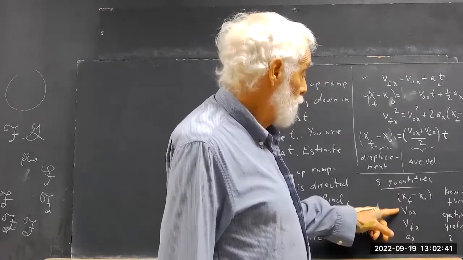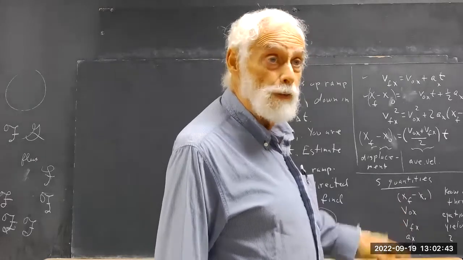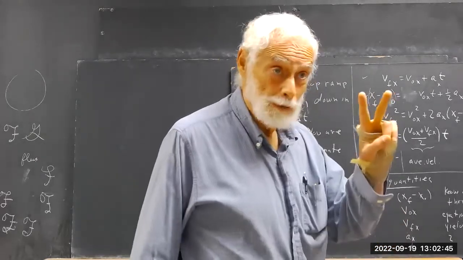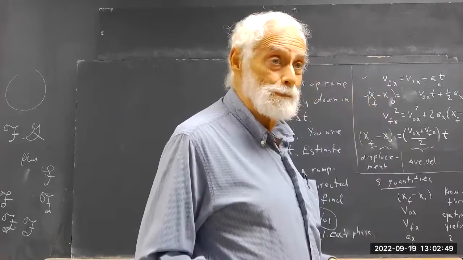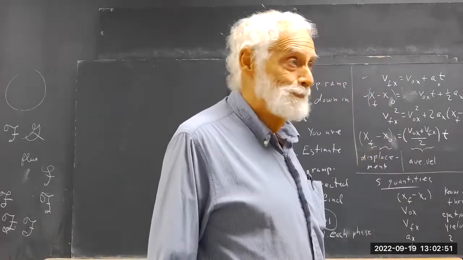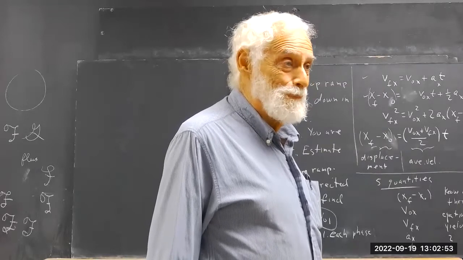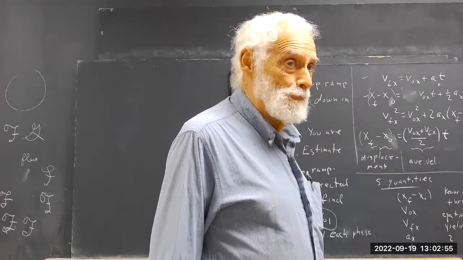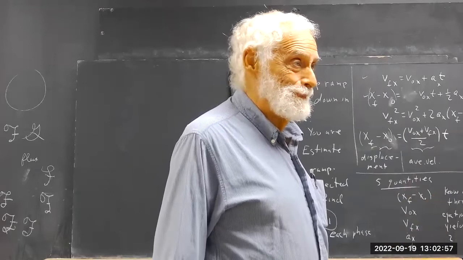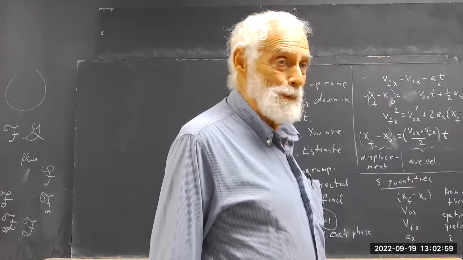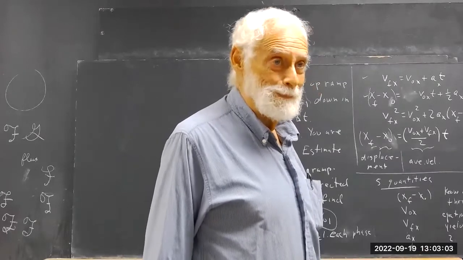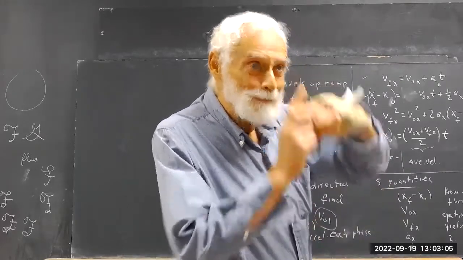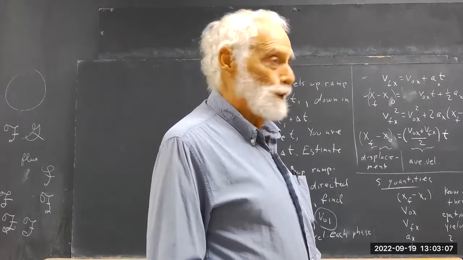In one case, we know the initial, and in one case, we know the final velocity. That's two things. What else do we know? Use your fingers. That's the displacement. Time. Okay, you got it right there.